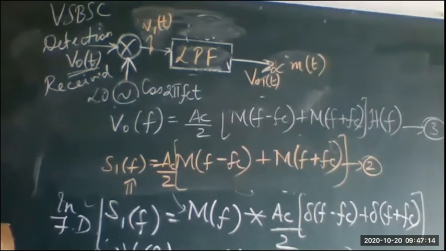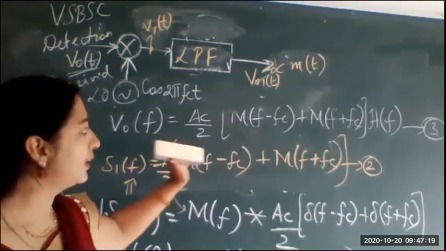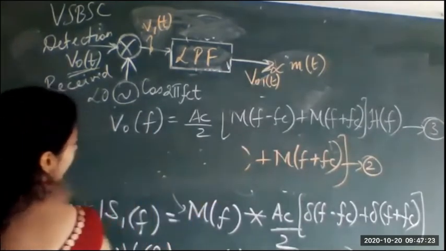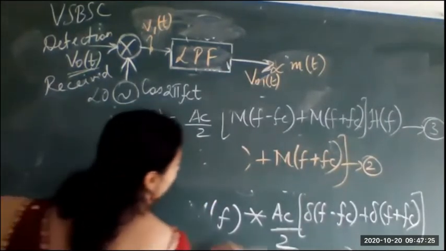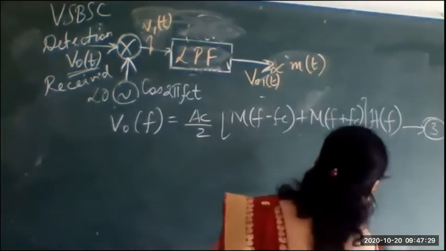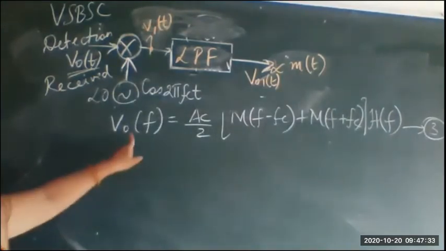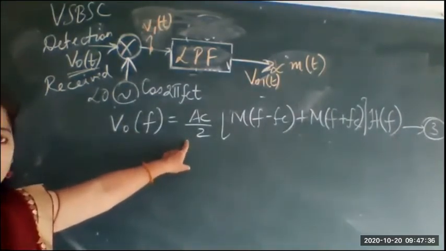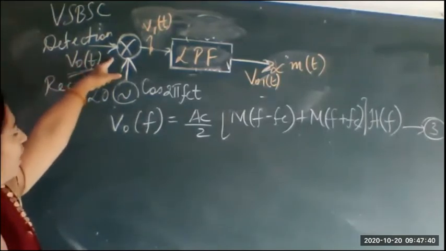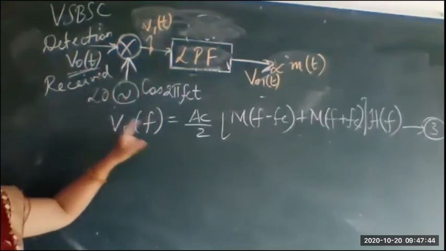That's the main aim of detection or reception of the signal. Now, when we are implementing this, let us see what happens to the equation. It is this equation 3 which is given at the input side. Here, one input to this product modulator is this signal.